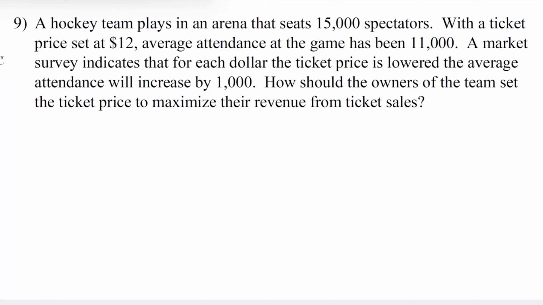So basically we have to set up our equation, and we're looking for, in this case, a maximum. All right. So my ticket price is set at $12, so it'd be 12 minus x.